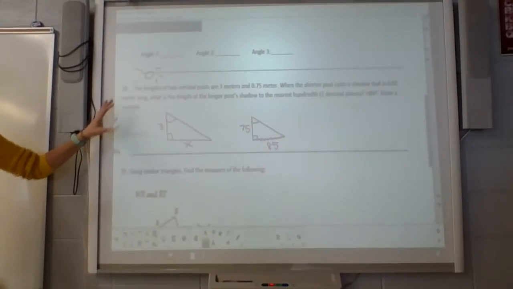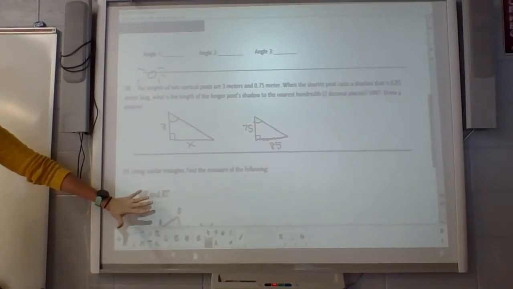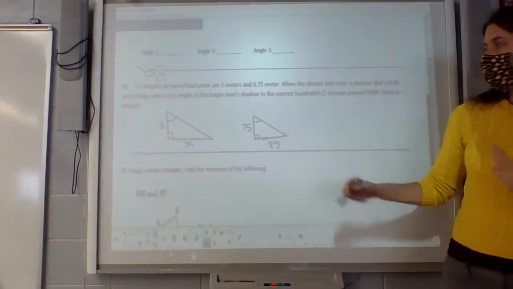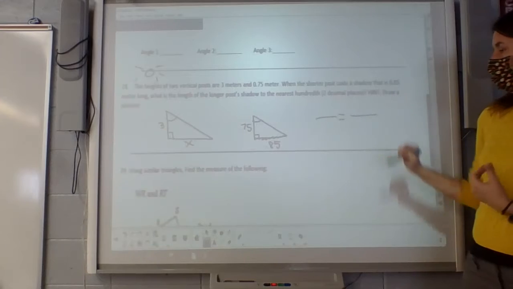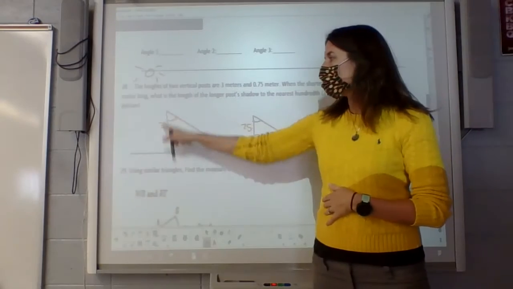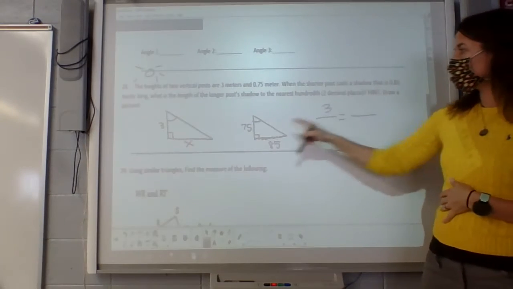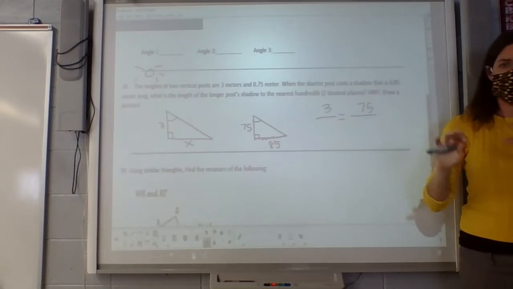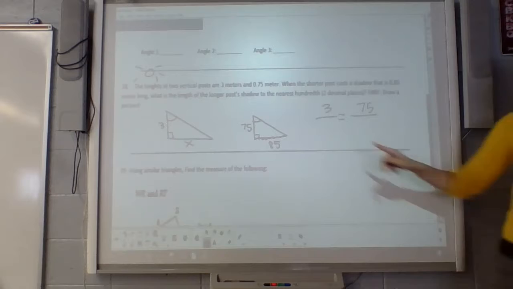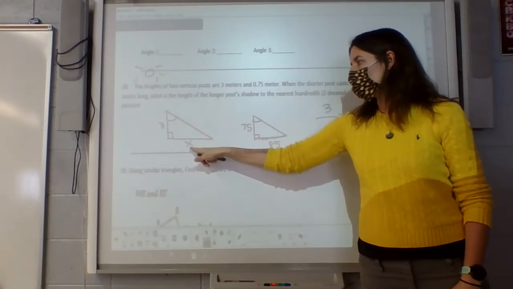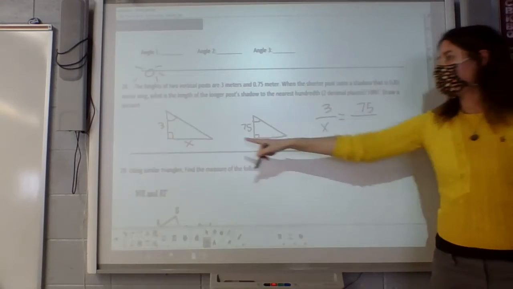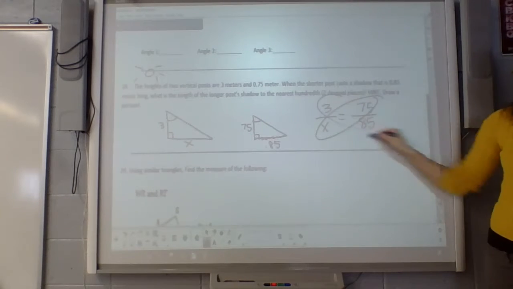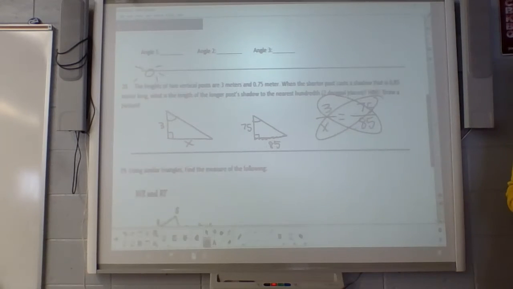Anytime I have similar triangles, just like down here, same idea, I have to write a proportion. So this height of the post, 3, goes with the other one's post, 0.75. Now if you put it below, that's fine as well. Then, since I'm in this triangle already, I'm going to do X, and that has to go with the other one's shadow. And then this just becomes cross multiply and set equal.